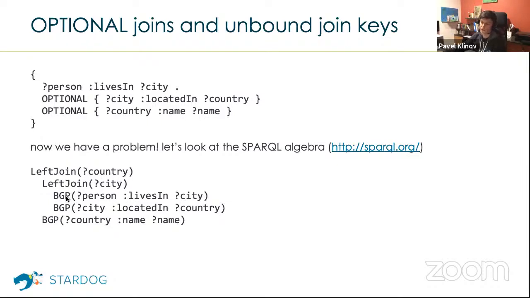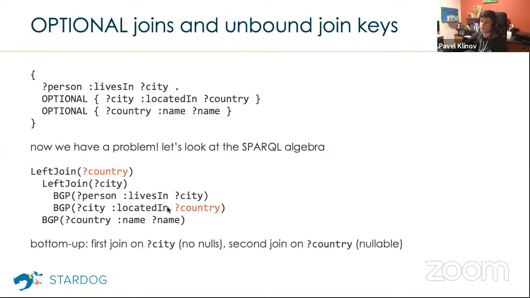The bottom nodes are the BGP patterns: person lives in the city, and the city located in the country, and they are in the left join, which means the country variable can be unbound, may not have a value once that left join is evaluated, right?